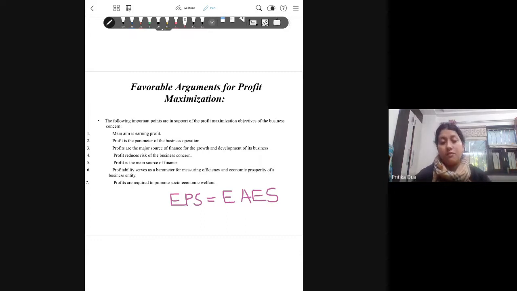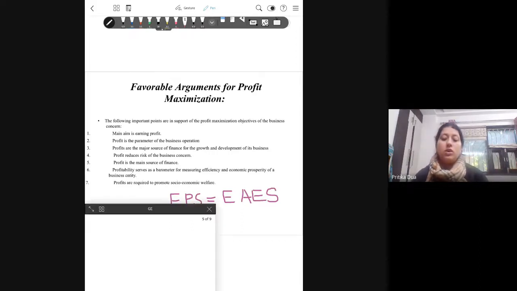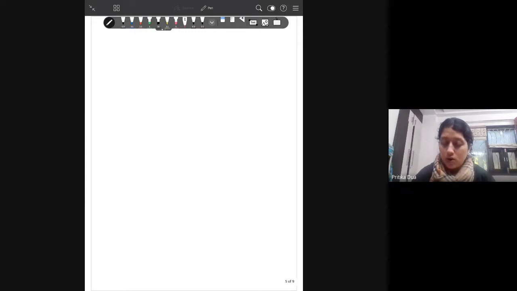Now, after calculating the profit after tax, there might be preferred shareholders in the firm. Now, I'll explain this concept to you.